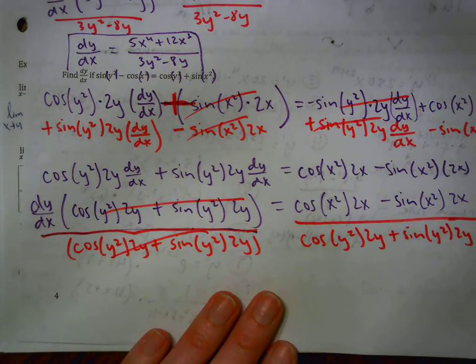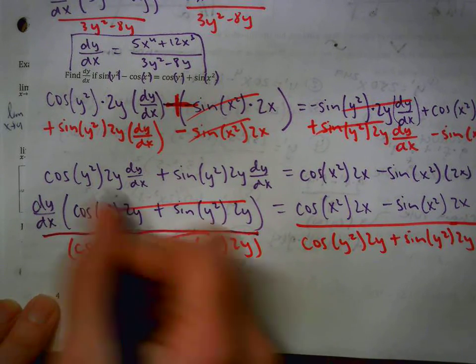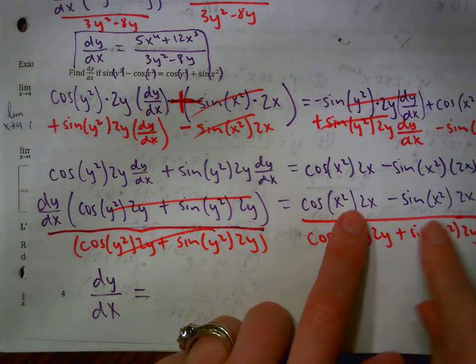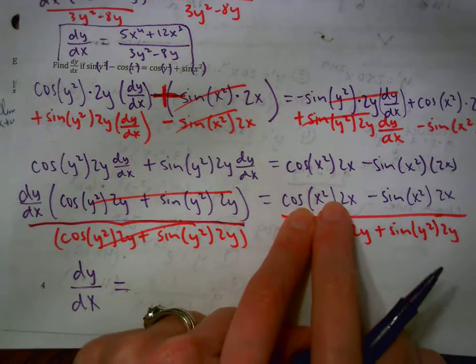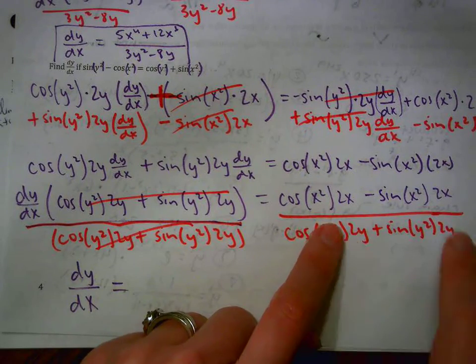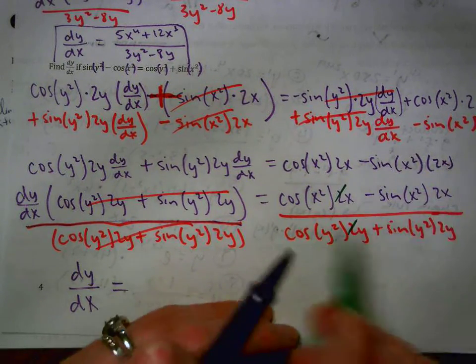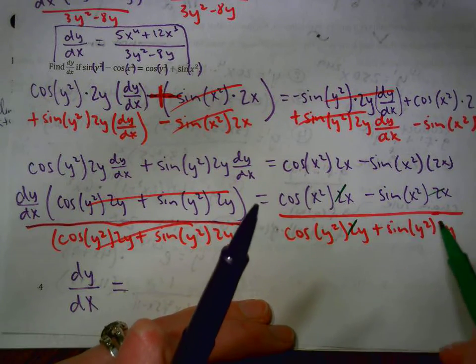If you notice, I'm going to simplify in one step and write my final answer. I'm left with dy/dx equals, now every single term on this side has a 2 on the outside. All of those 2's would simplify, because you could factor out a 2 on the bottom, factor out a 2 on top, and it would divide out.